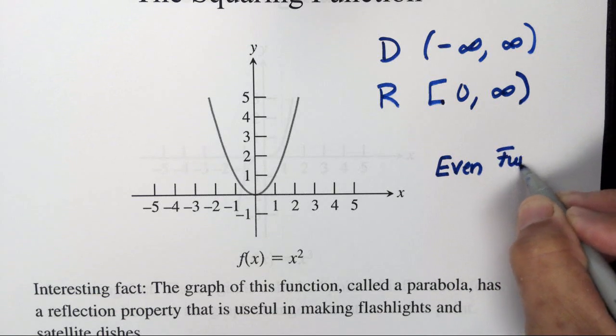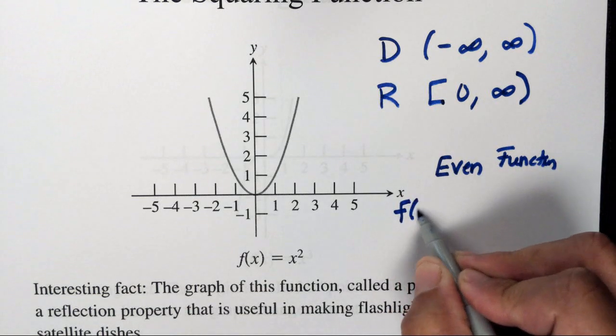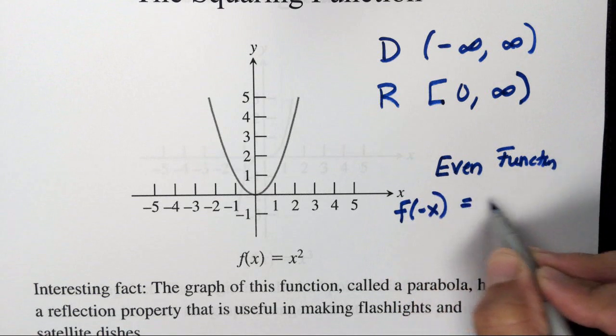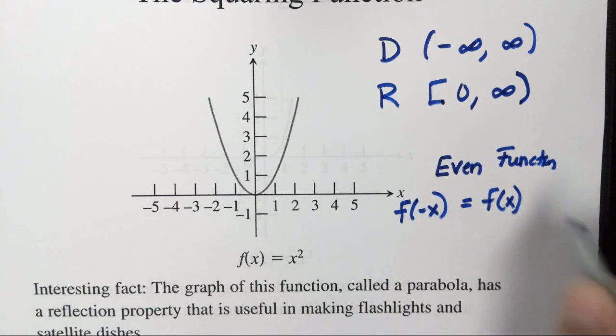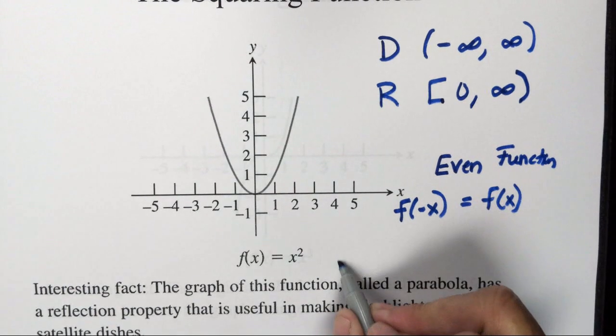Which means f of -x is equivalent to my original function. So -x times -x becomes positive x squared. Agreed?